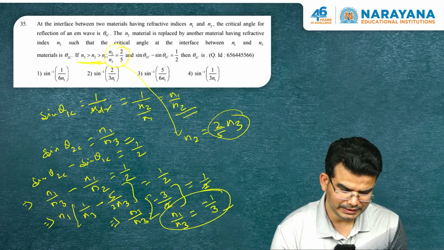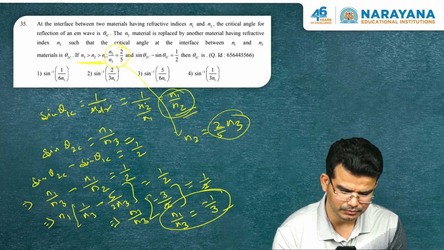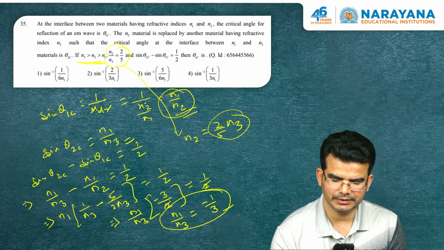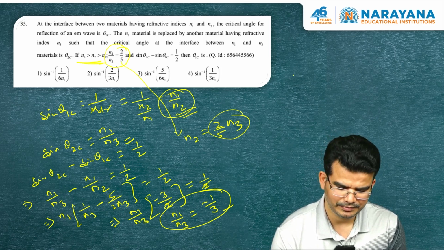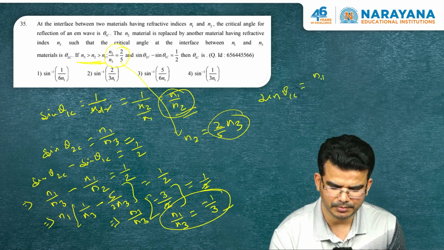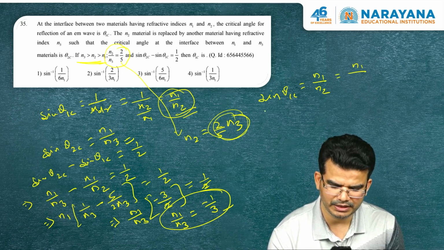So, what is sin theta 1c? Sin theta 1c is N1 upon N2. So, let us put it here. I can say sin theta 1c, which is N1 upon N2, and N2 is again 2 by 5 N3.